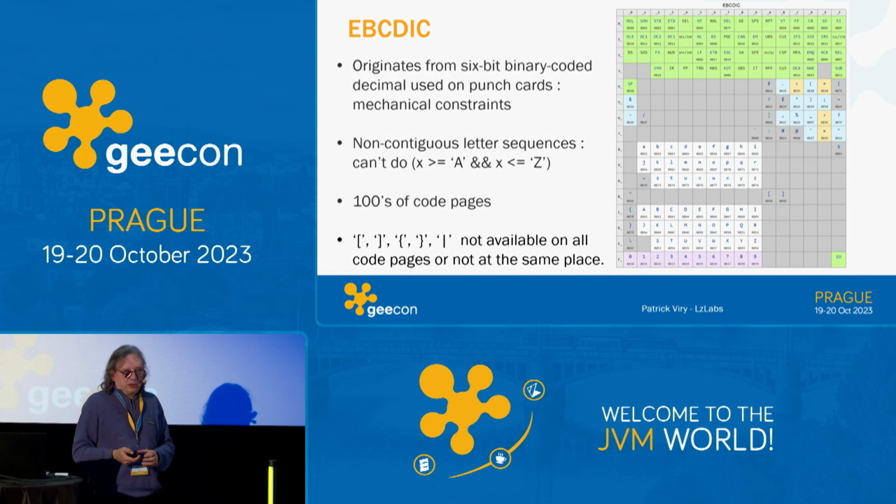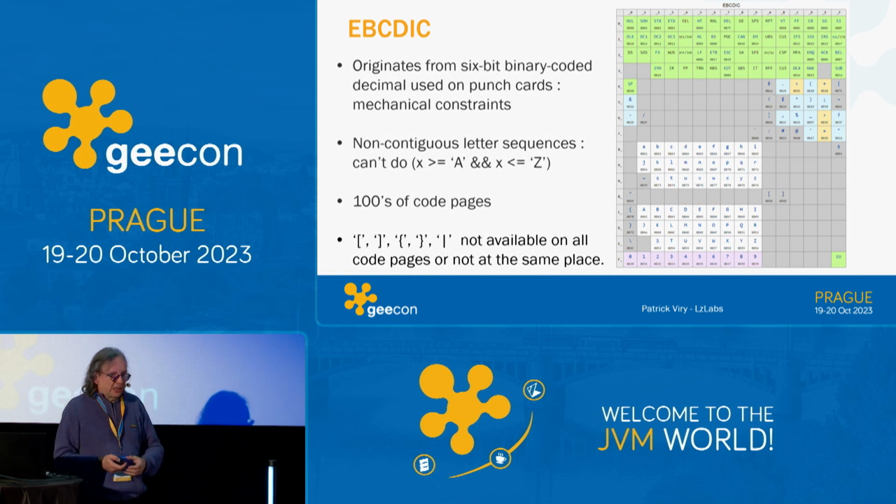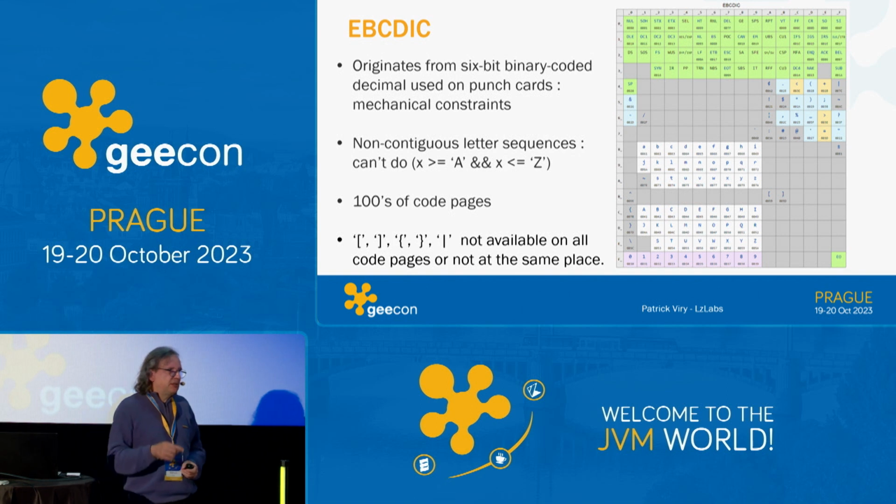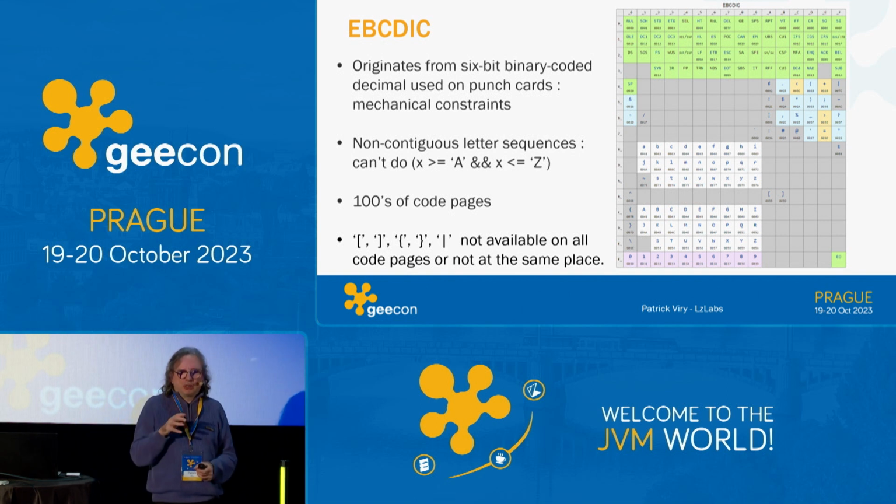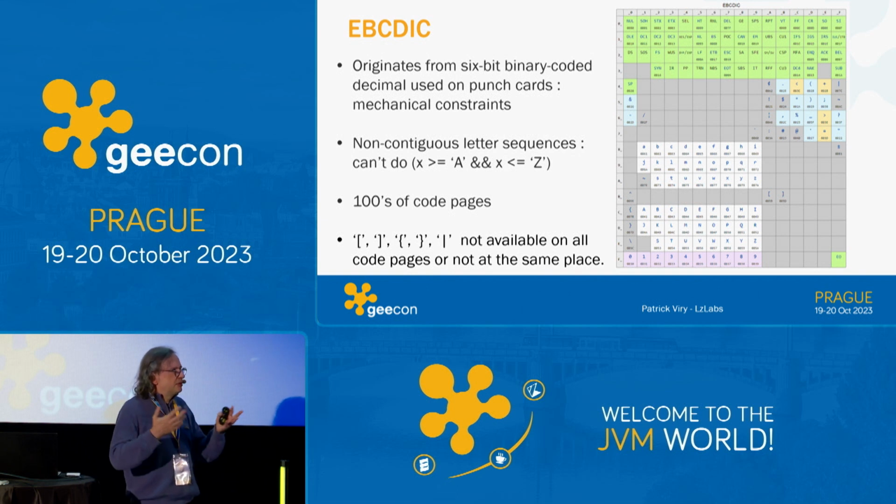There are hundreds of code pages, but that's the same as ASCII, so it's a mess. And it's especially a mess for programmers because many symbols that we use in modern programming languages are not part of the core EBCDIC encoding. So they are available on some code page, but not always, and when they are available, they're not always available at the same place.